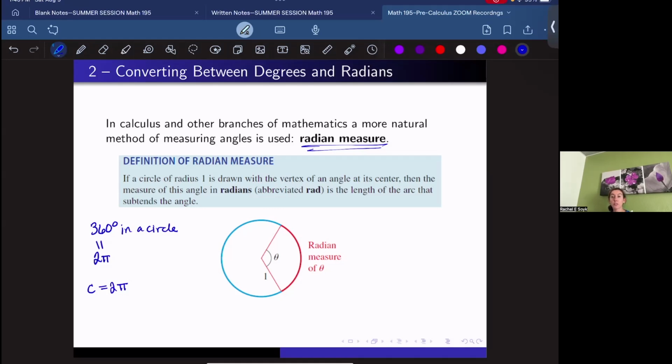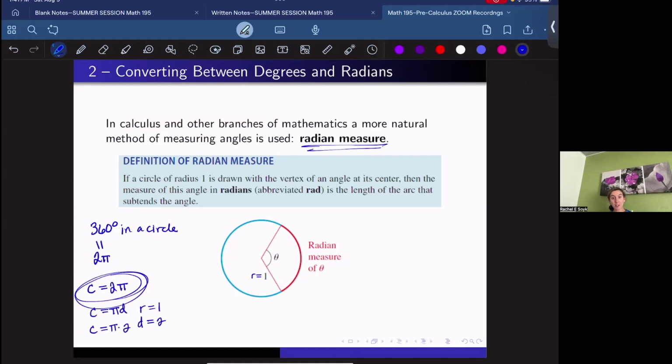Well, what do we know about the circumference of any circle? Circumference is 2 pi r, and we're dealing with a unit circle that has a radius of 1. So if our radius is 1, then our diameter is double that, which is 2. So that's how we get the pi times 2, which is 2 pi.